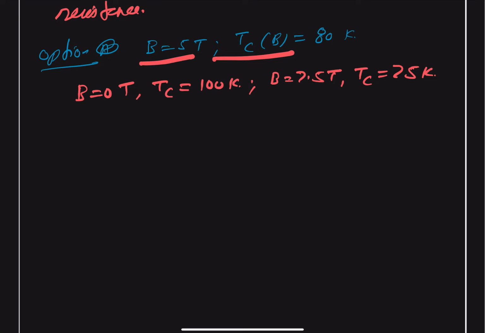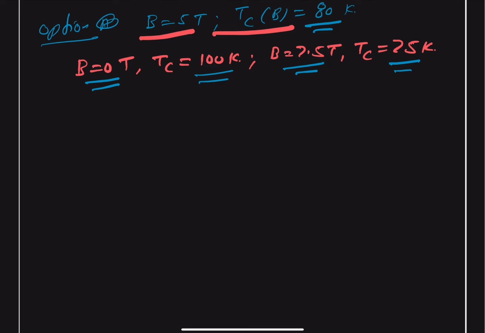We can see that the magnetic field B, that is 5 Tesla, lies somewhere between 0 Tesla and 7.5 Tesla. Therefore, the critical temperature also should probably lie between 100 Kelvin and 75 Kelvin.